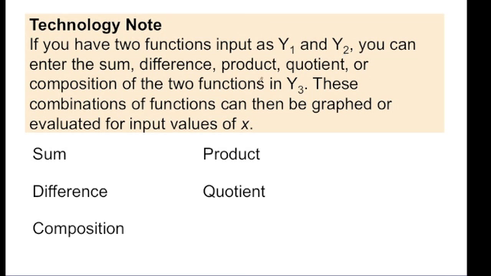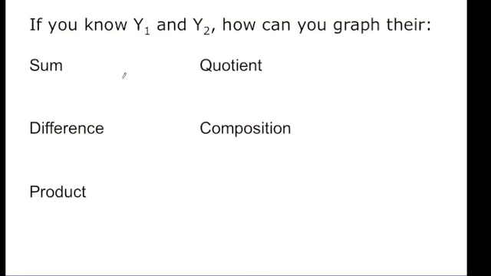you can enter the sum, difference, product, quotient, or composition of these two functions as y3. These combinations of functions can then be graphed or evaluated for input values of x. So let's look at what happens. The sum: your new function, y3, would be y1 plus y2, and that's what you'd enter for y3 on your calculator.